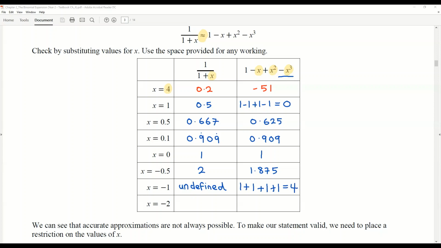Wildly different conclusions there. And then for the last row, we would get negative 1 for the left, and we would actually get 1 plus 2 plus 4 plus 8. Just getting bigger and bigger, which gives us 15 in this instance. And of course, if I added more terms, it would just get bigger and bigger.